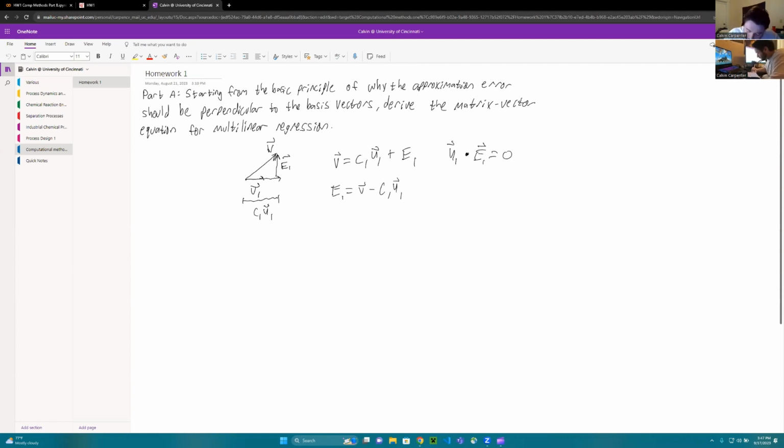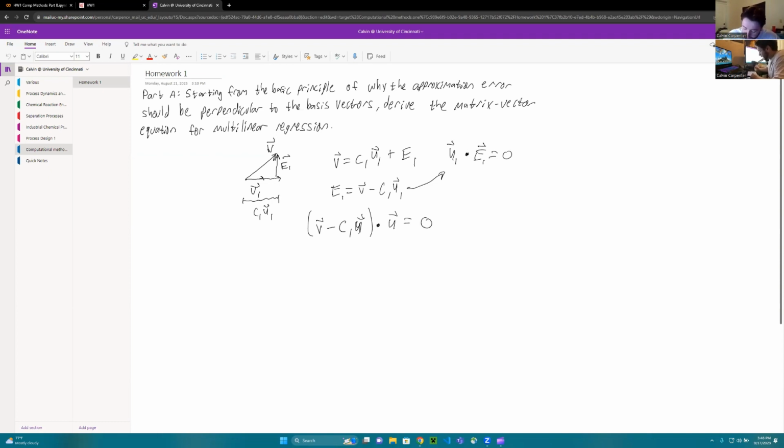So we're going to plug in your desired vector minus your coefficient times your basis vector, dot product with, that's a u, your basis vector is equal to 0.